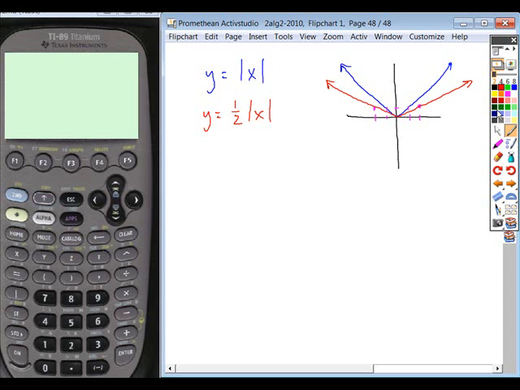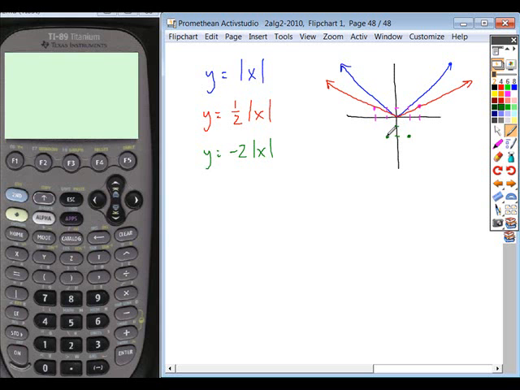Hey, what if you had an equation that was -2 times the absolute value of x? So the negative means our graph is going to open where? Down. And our slope is 2 over 1, so now we're going to go down 2 over 1 in each direction from that vertex.